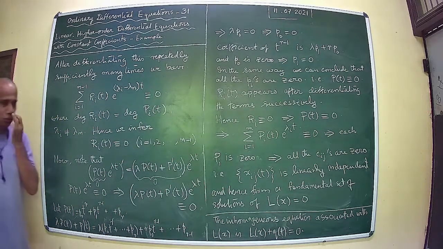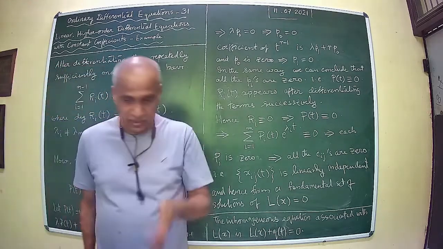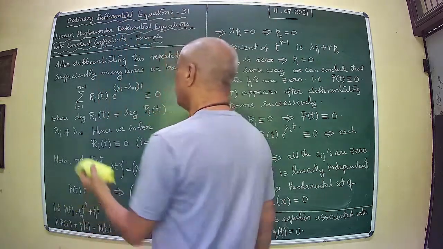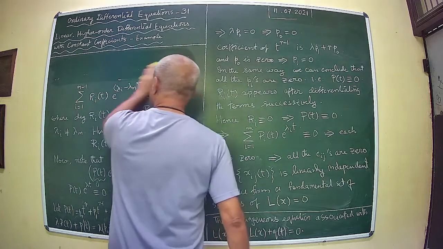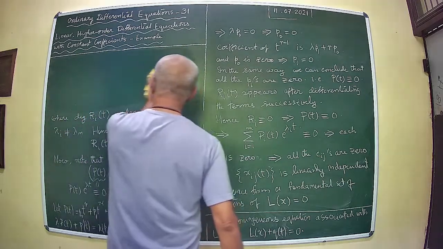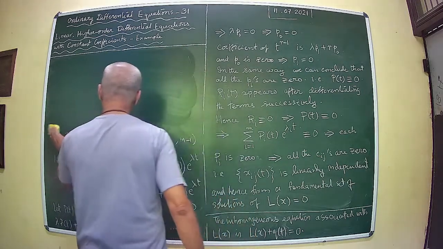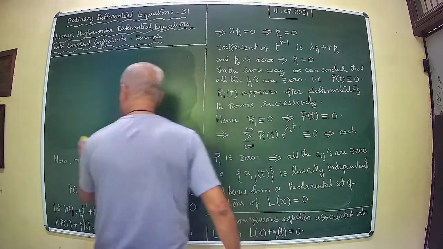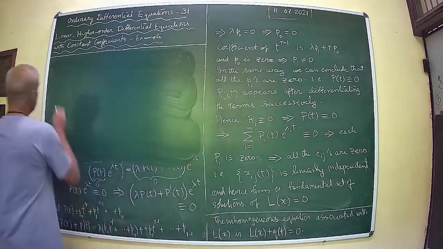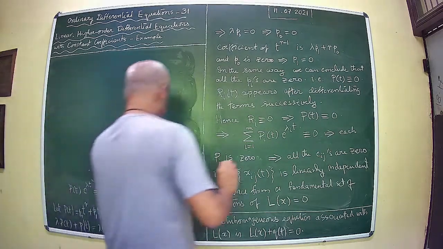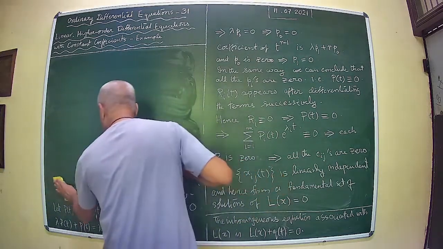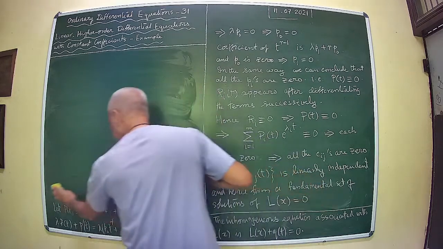You can use the method of variation of parameters if you know a fundamental set of solutions for Lx equal to 0. I'll note it down for completeness. This is something which we have already seen very extensively.